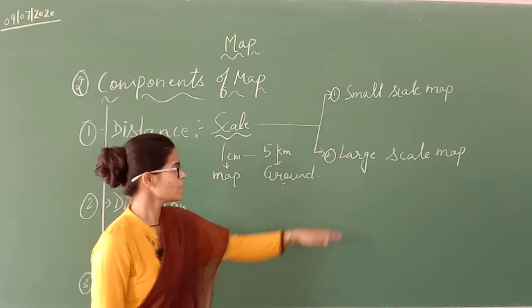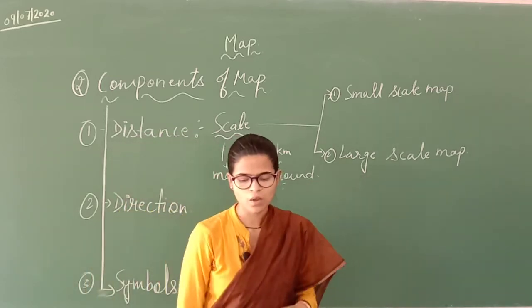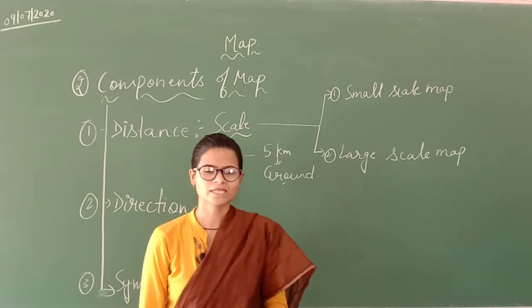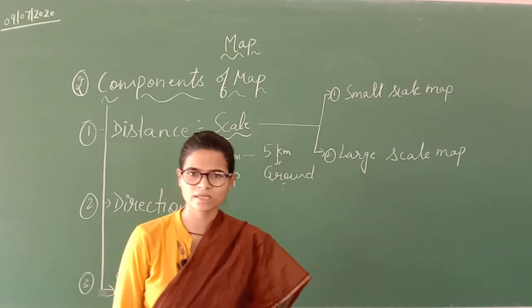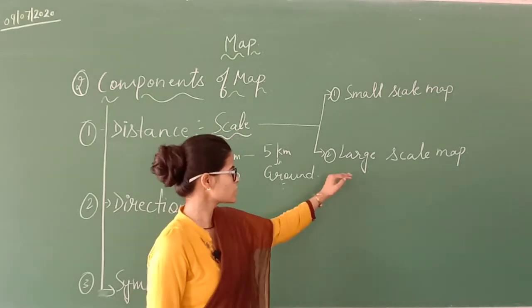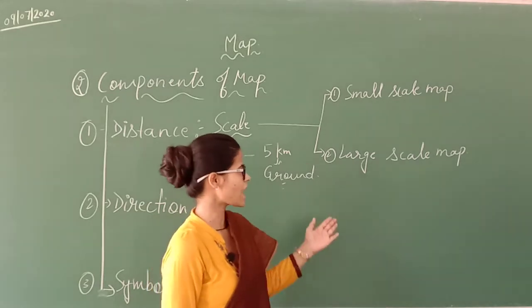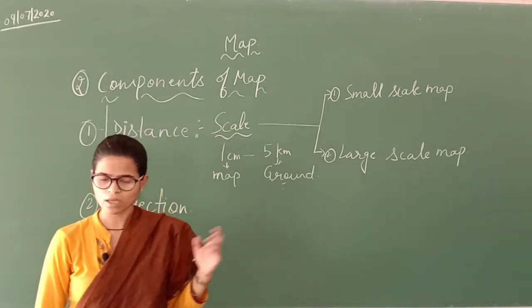Large scale is used for a small area, like towns, villages, cities, states. So this is the difference between small scale and large scale, and this is how we use them on a map.